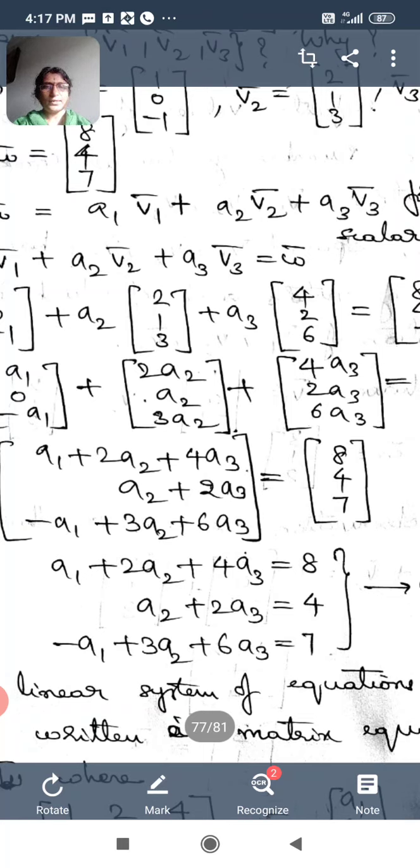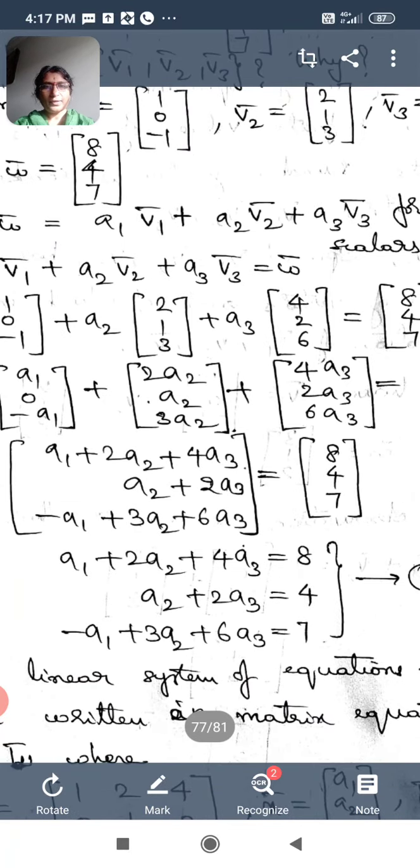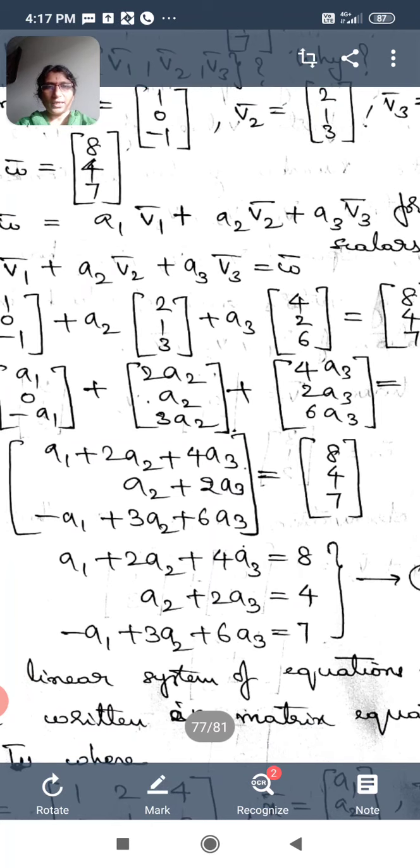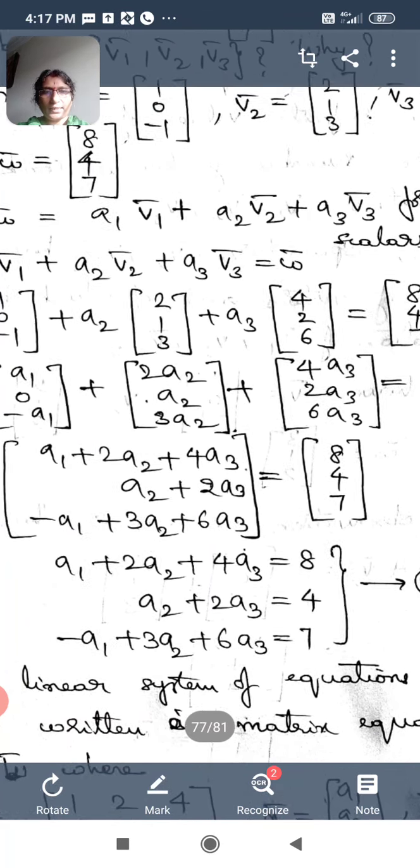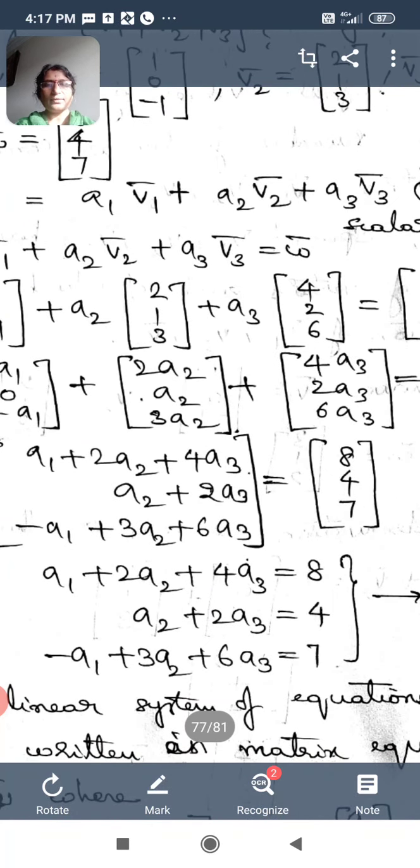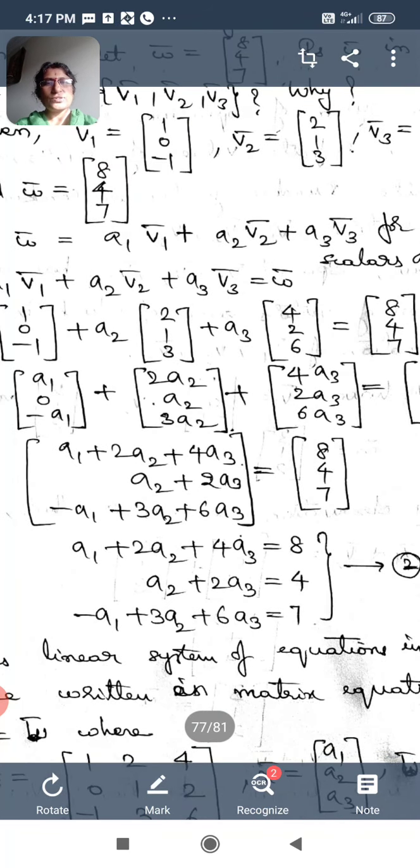These are the three equations obtained by equating those two column vectors. So these three equations represent a linear system of equations in the three variables a1, a2, a3. I am representing these three equations together as equation number 2.